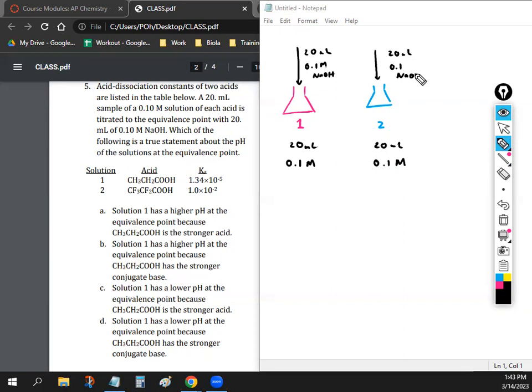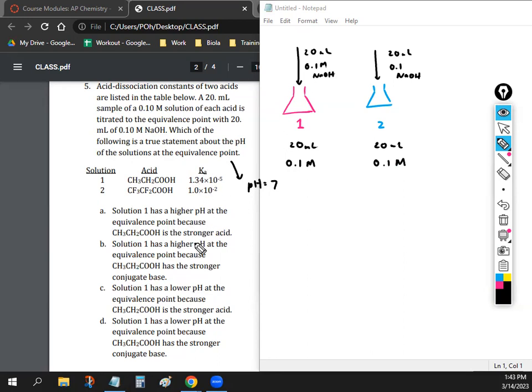And equivalence point, if you guys forgot, is where you have the same moles of your acid and your base, where they're equal.